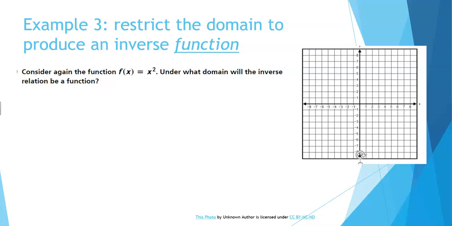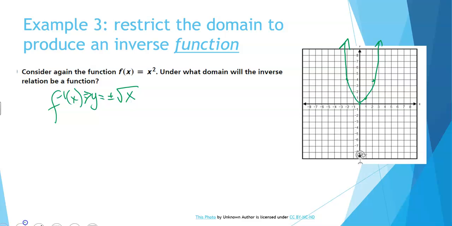Remember when we did y equals x squared, you'd get 0, 0, 1, 1, 2, 4, negative 2. So you get something like this, a nice little parabola. And that is a function, but remember what happened when I inversed it? I got y equals plus or minus the square root of x.